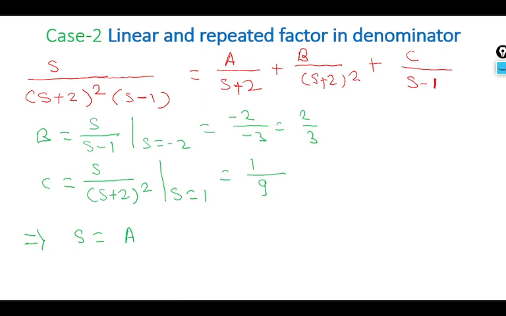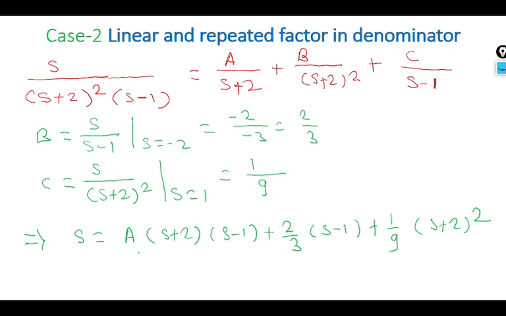So a times (s plus 2)(s minus 1), plus now the value of b is 2 by 3, so I can write 2 by 3 here times (s minus 1), and the value of c is 1 by 9, so 1 by 9 times (s plus 2) squared. So this is the cross multiplication, where we are interested in getting the value of a only.